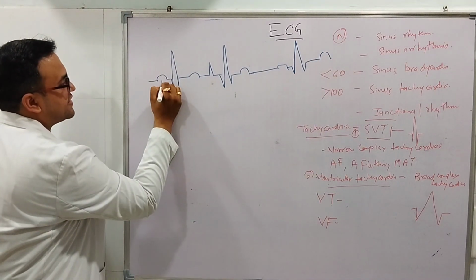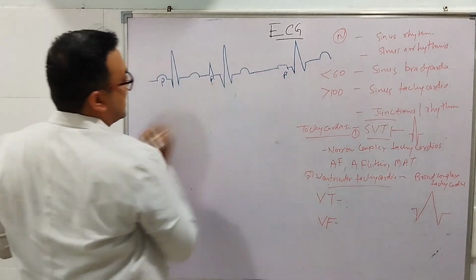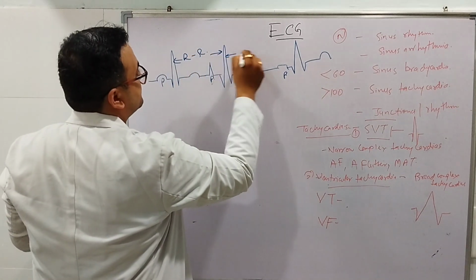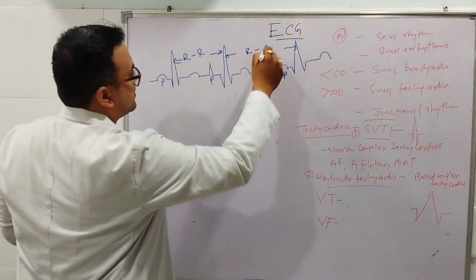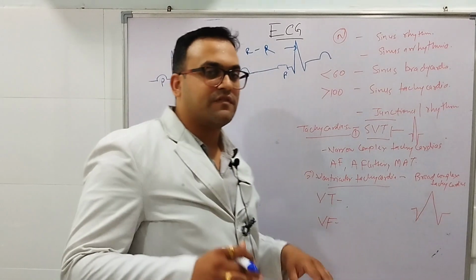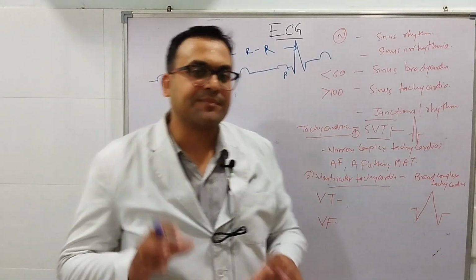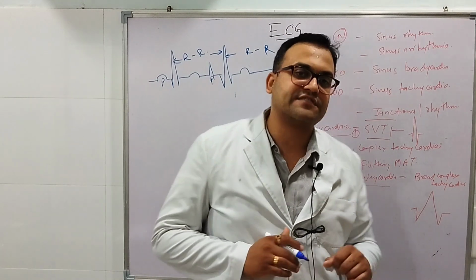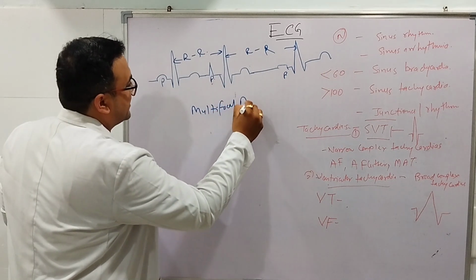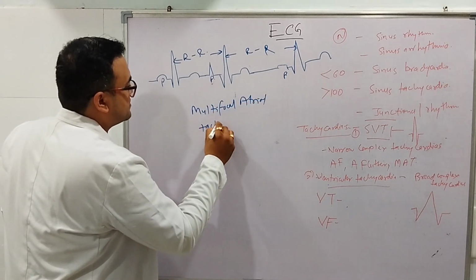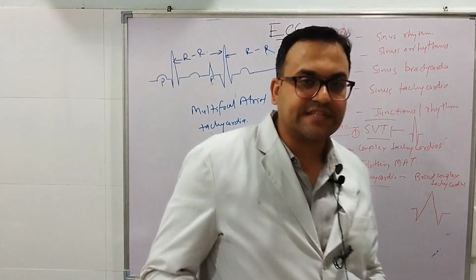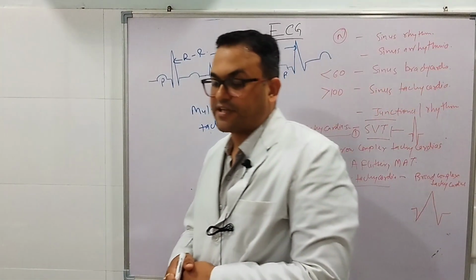Every P wave will be of different morphology, meaning there are many foci in the atrium which are firing, and we call this multifocal atrial tachycardia.